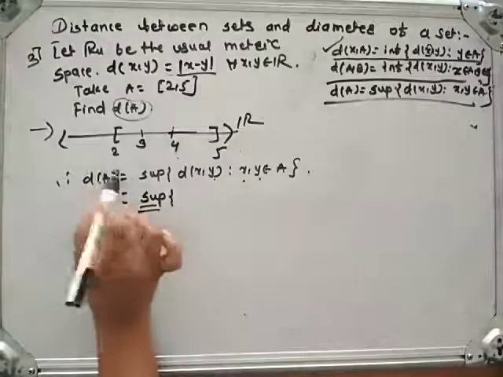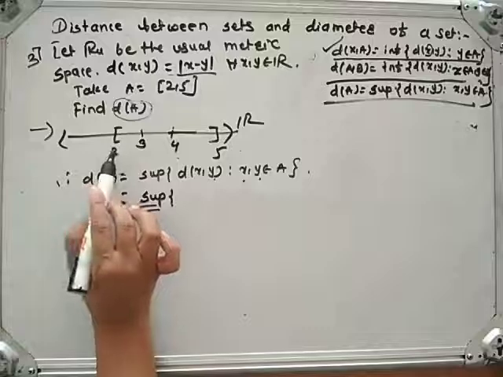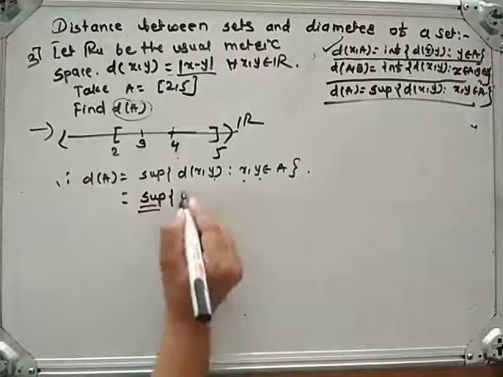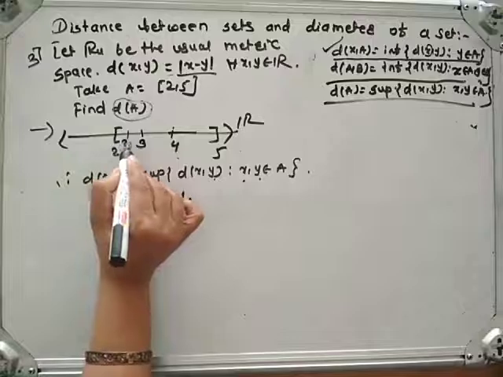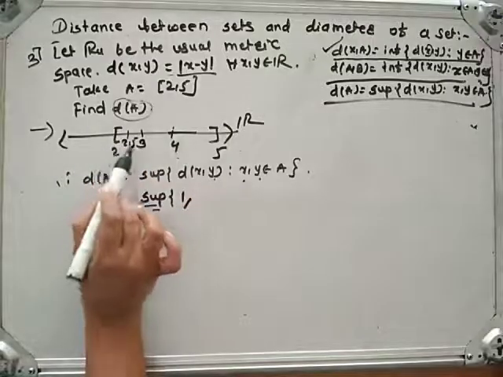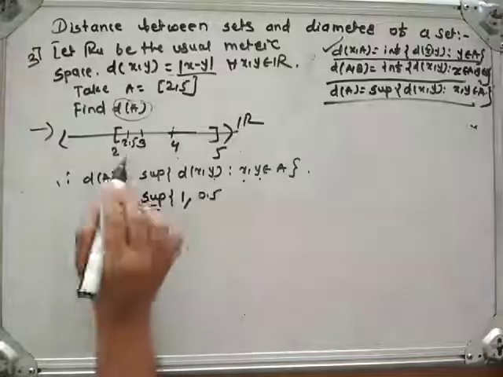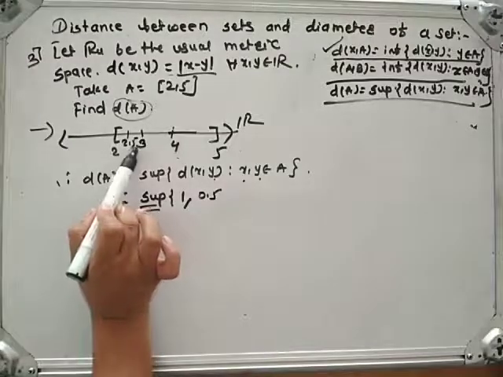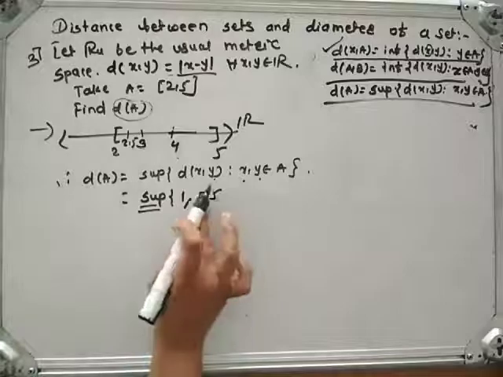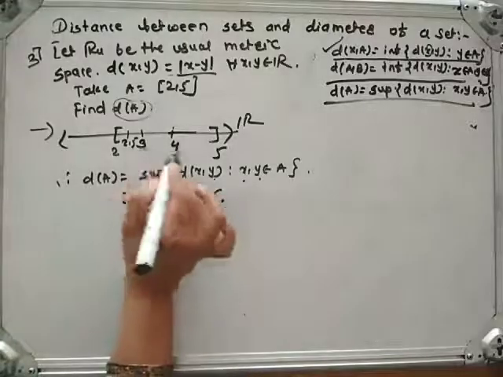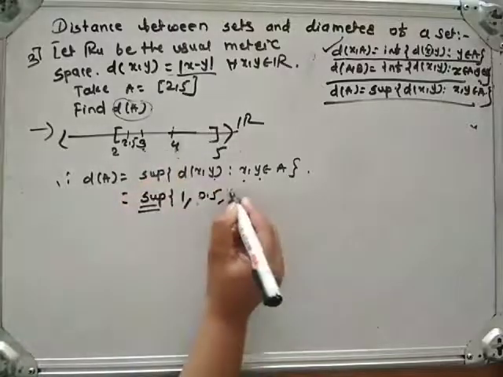You have to choose among these distances the supremum. Suppose first we calculate the distance between 2 and 3, which is 1. Suppose here is 2.5. The distance between 2.5 and 2 is 0.5. The distance between 2.5 and 3 is again 0.5. The distance between 3 and 4 is 1.